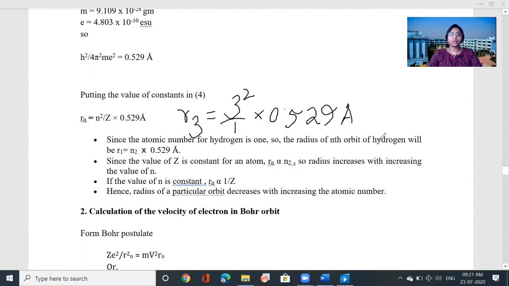So you can calculate. It is very easy. Only remember this equation, put the values and you will get the result.